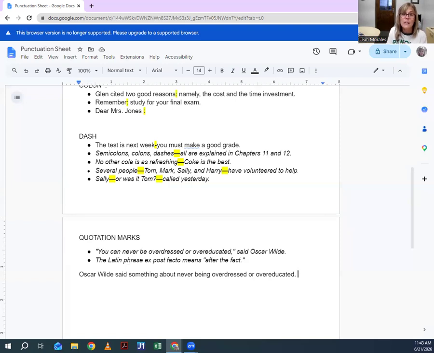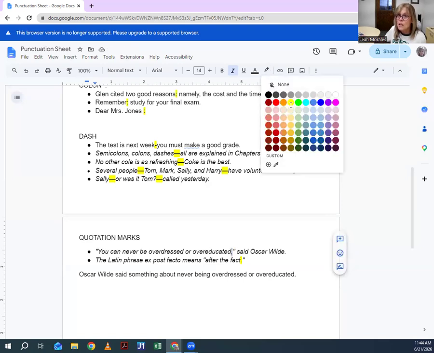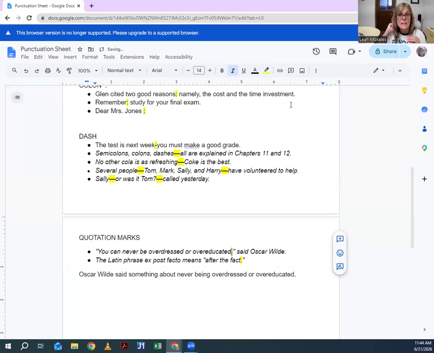Periods and commas: if the sentence is ending like it is here, the period goes inside the quotation mark. If it's not ending, you need a comma inside the quotation mark. But pretty much you can tell yourself, I need some sort of punctuation on the inside of every closing quotation mark I ever use, okay?